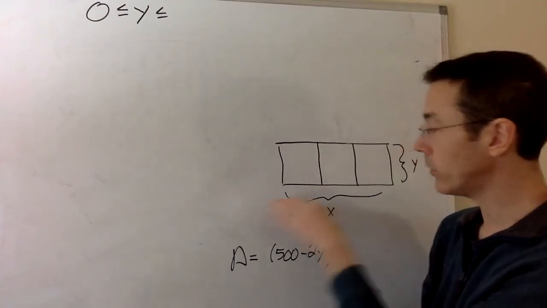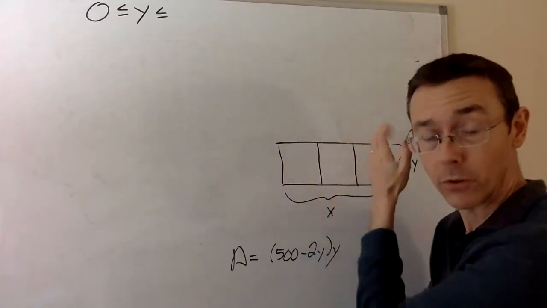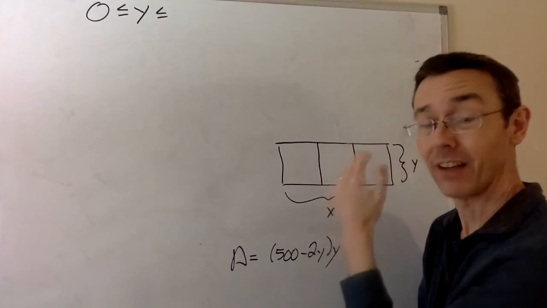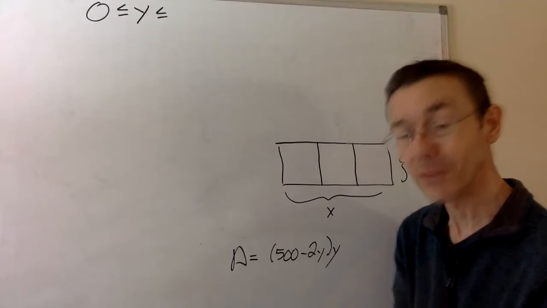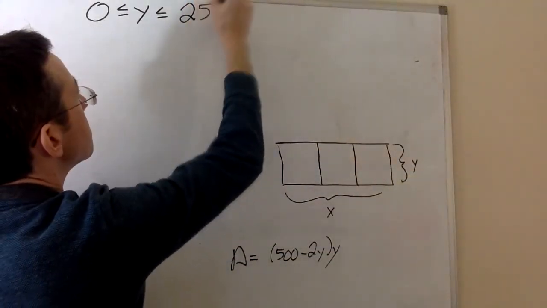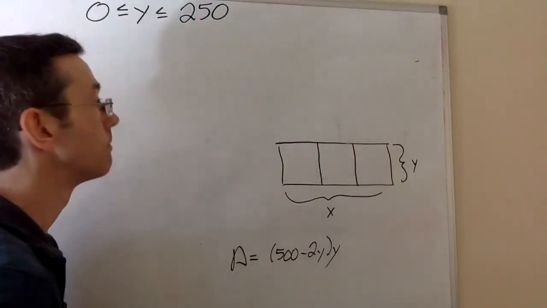So even if they don't use any going left and right, if they only use it for these vertical parts, they're going to have that 1,000 meters of fencing to divide into those 4 pieces. That's 250 meters apiece. That's the domain on which I want to optimize this function.